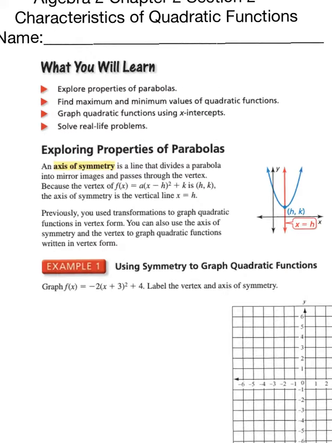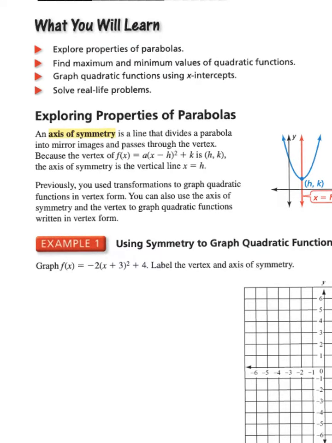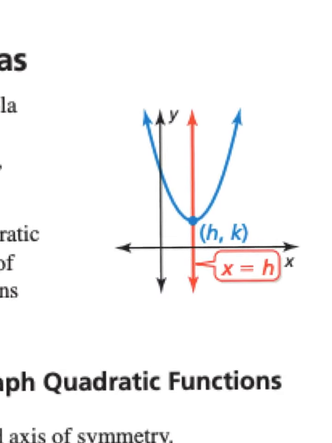So a couple things that we talked about yesterday, in our previous class I should say, is this axis of symmetry. And if you look at this graph right here, the axis of symmetry is the vertical line that goes right through the vertex.